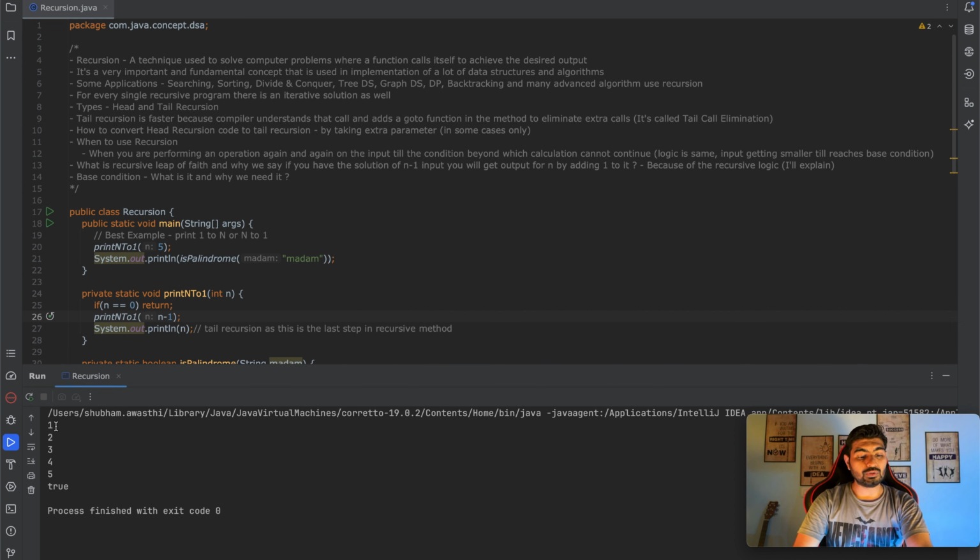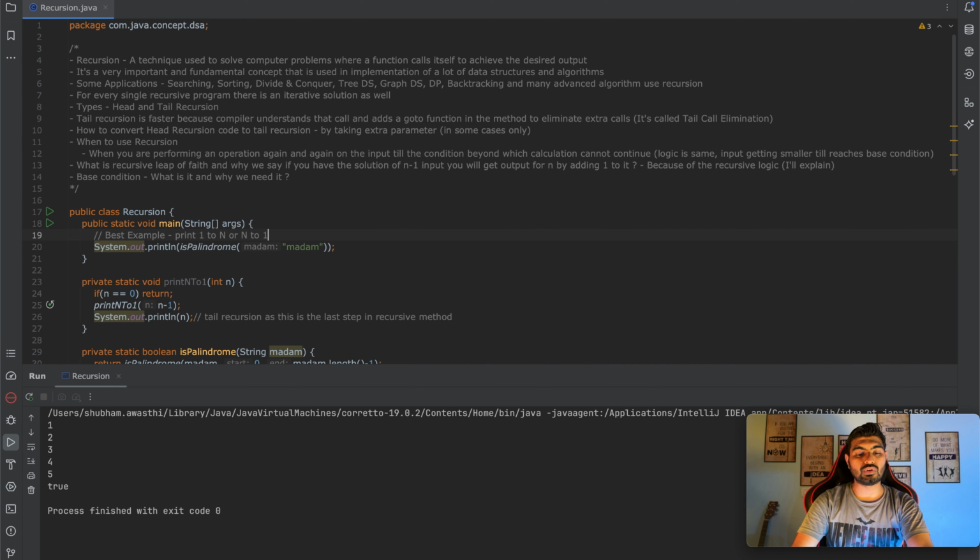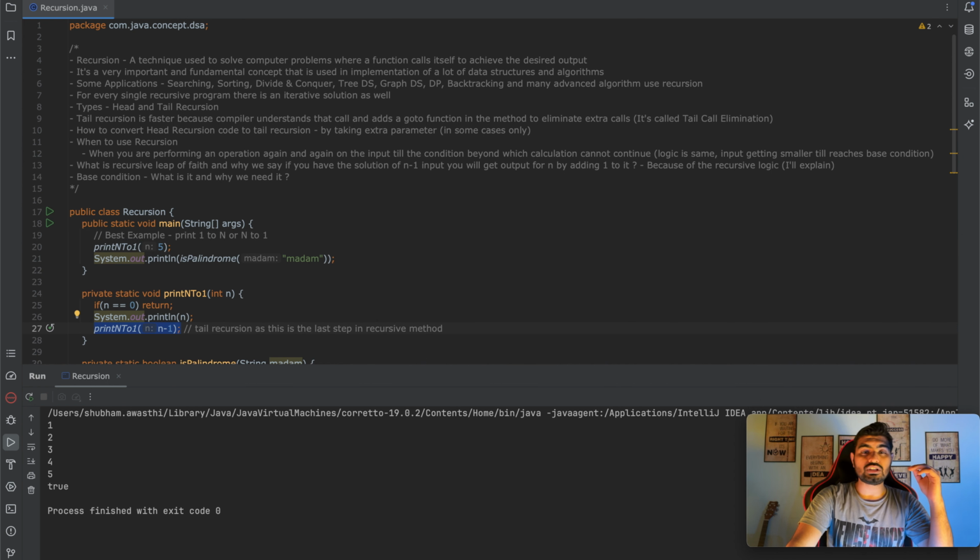So now it is able to print in a reverse manner, which is an increasing order: 1 2 3 4 5. Same program. All we did is change the place where we were calling this recursive method. So you have seen, if the recursive call is before your logic or after your logic, it can make a really big difference. That's why we have to put recursion very carefully in the program.